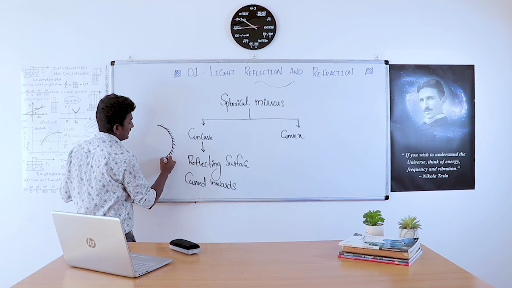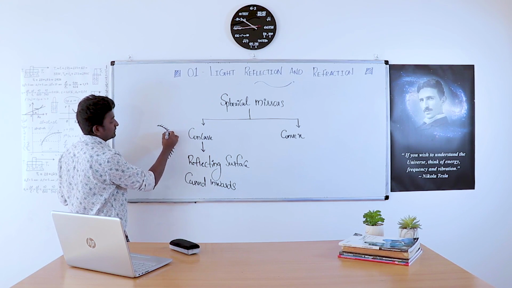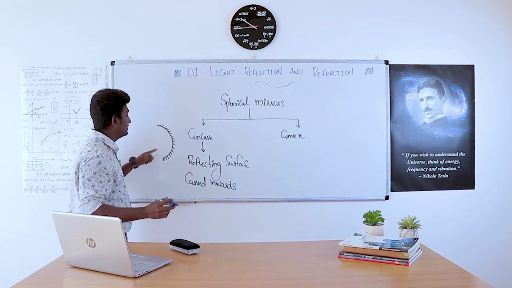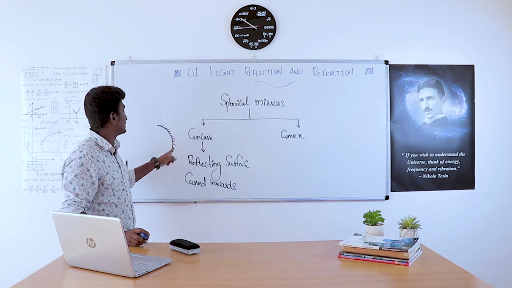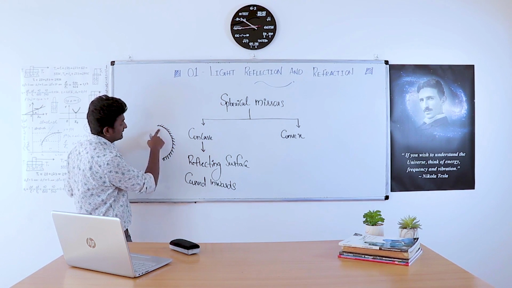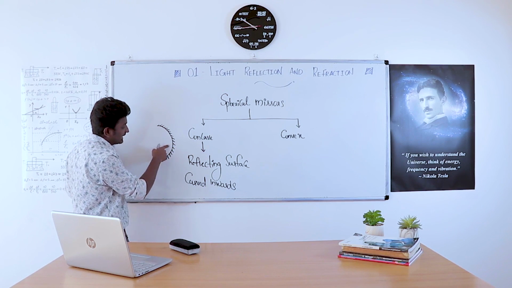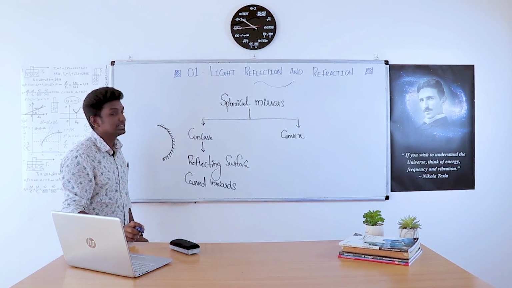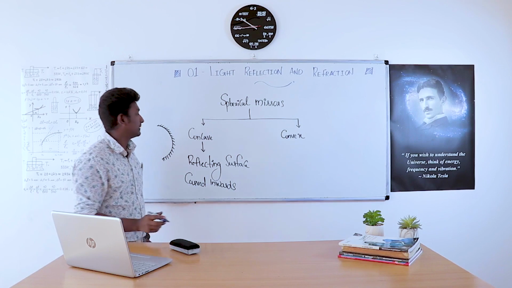And the non-reflecting surface is represented by these drawing lines. So this is the reflecting surface, and it is curved inwards. Such types of mirrors are known as concave mirrors.